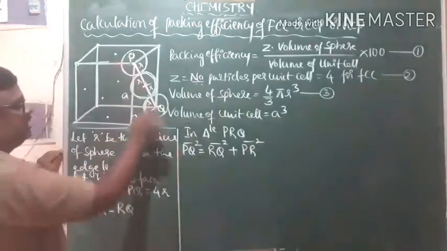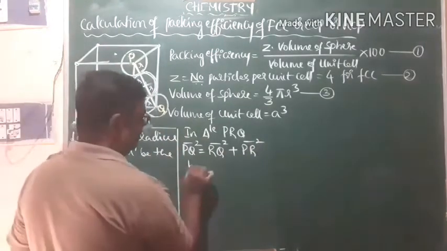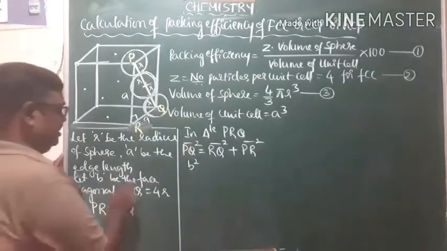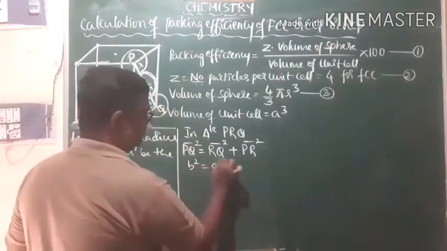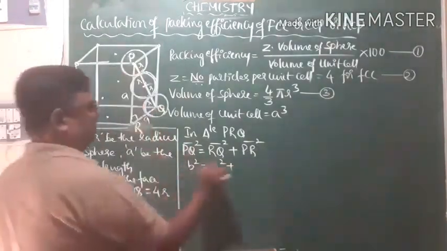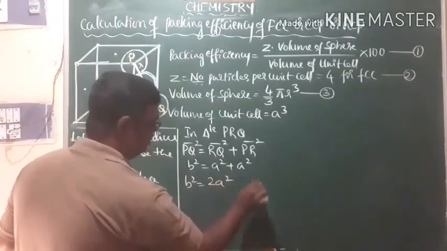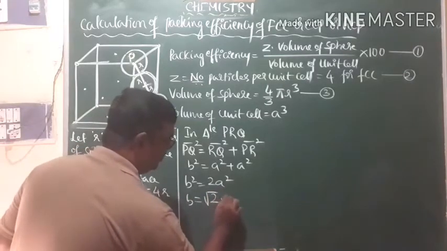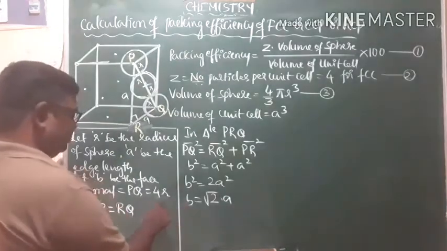PQ square, the face diagonal, is B square, right? B square is equal to RQ square, that is A square, plus PR square, that is A square. Therefore, B square is equal to 2A square, or B is equal to root 2 into A. But B is equal to 4R.